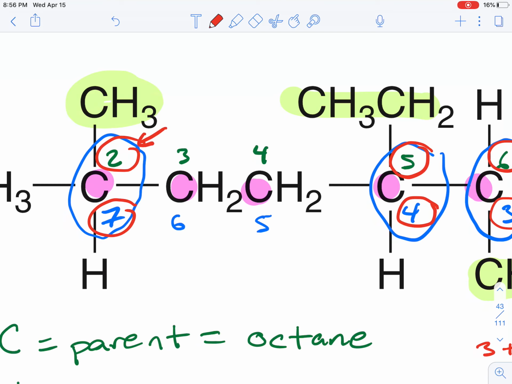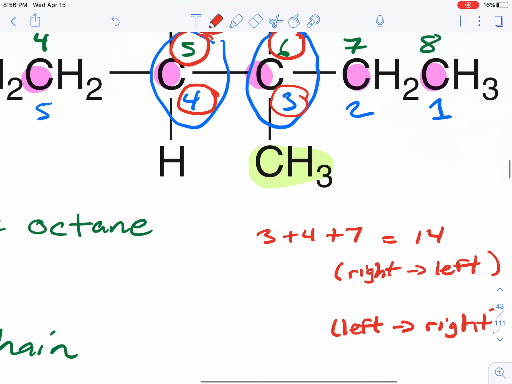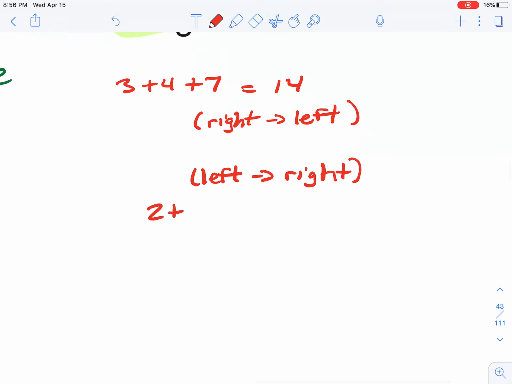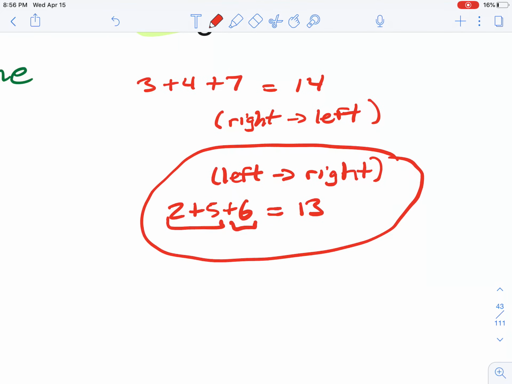notice that I have 2 plus 5 plus 6. So 2 plus 5 plus 6, that's going to give me 7 plus 6, that's going to give me 13. And so notice that if I number my system from left to right, I get a value that's lower than if I were to number from right to left.